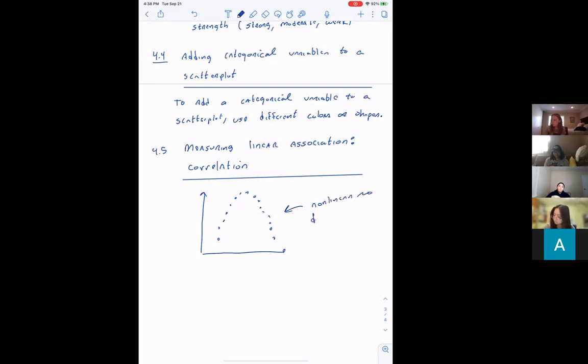So don't try to use correlation. The correlation, which is what this section's about, is only for linear relationships. Have I repeated that often enough in the last 2 minutes that you won't forget it? I hope so.